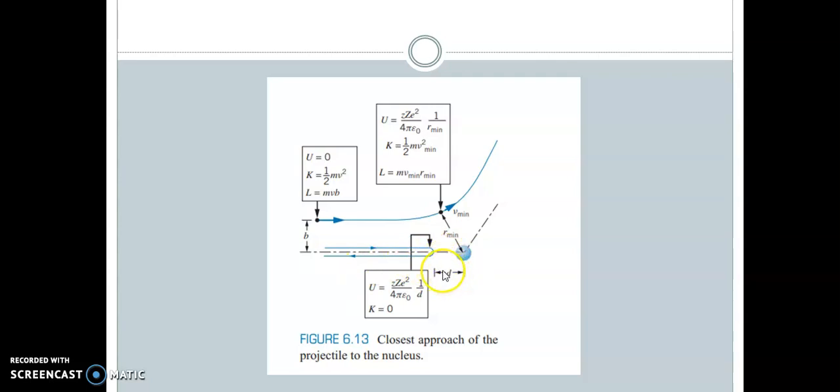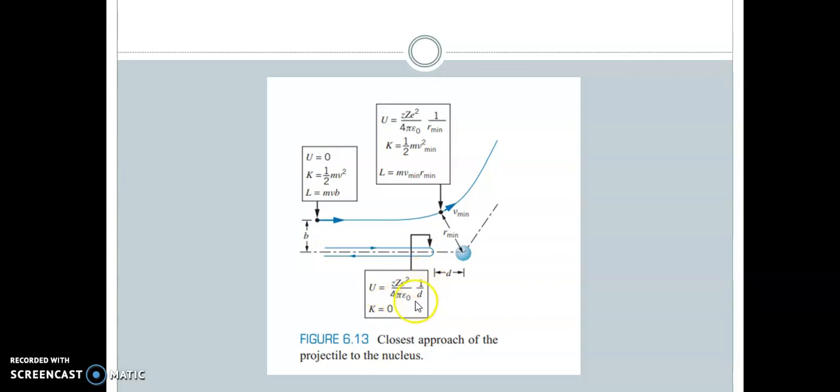So this is the smallest distance between the nucleus and the projectile, and it is called the distance of closest approach. And at this point the kinetic energy is 0 and the potential energy is maximum, z square by 4 pi epsilon 0 into 1 over d.